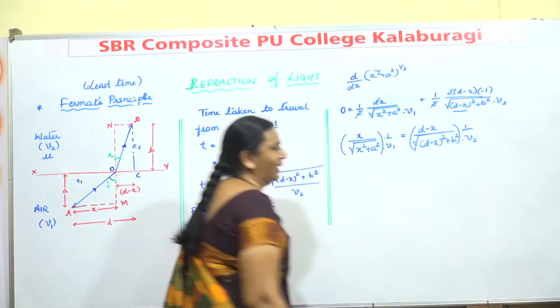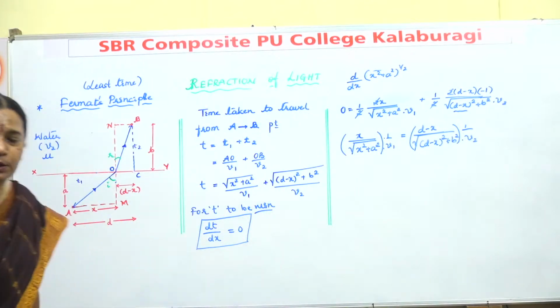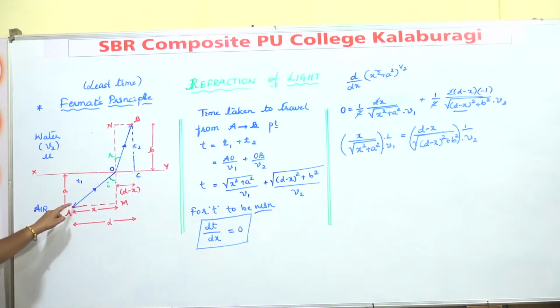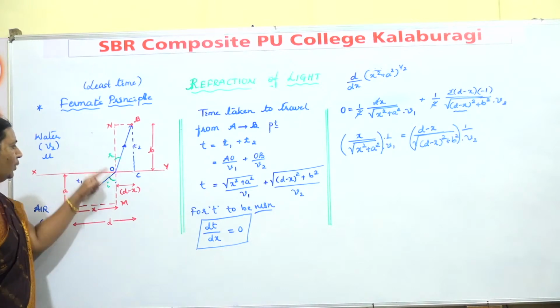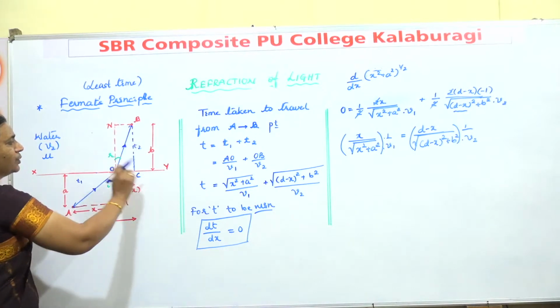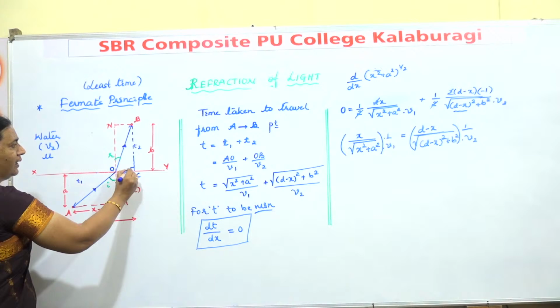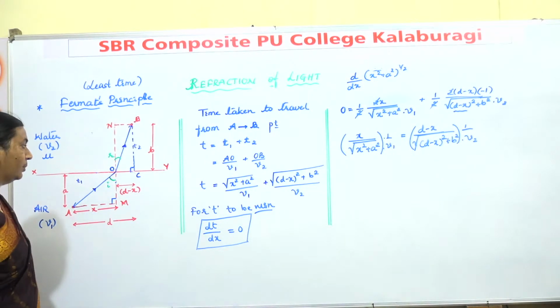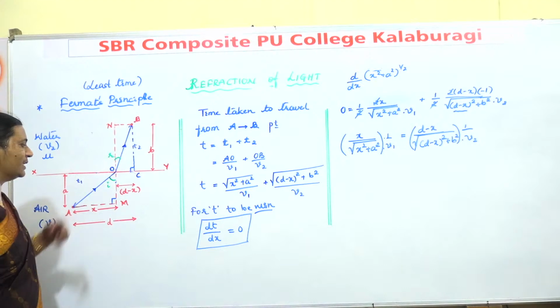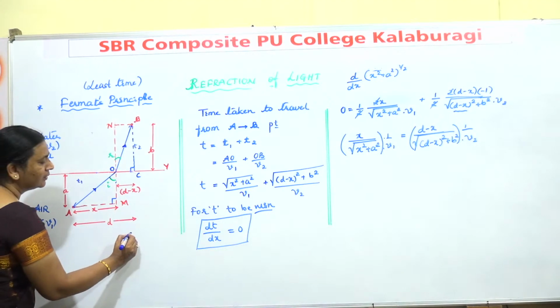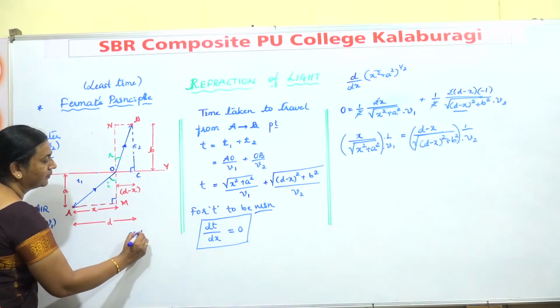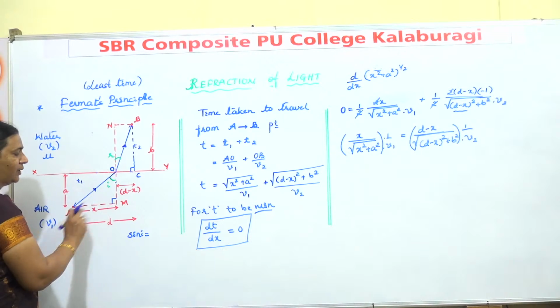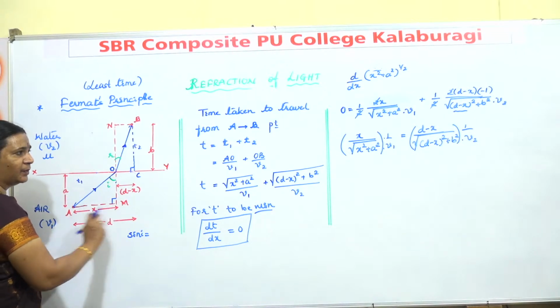So as per the diagram, if you take the two right angled triangles here, that is AOM and BOC, apply your trigonometry. So what is your sine i going to be, children? Sine of i becomes what? What is the opposite side here? That becomes x.